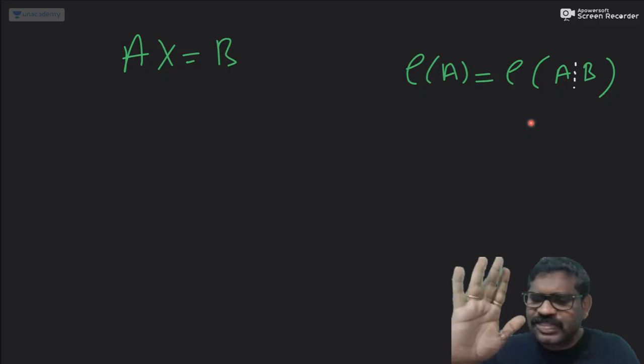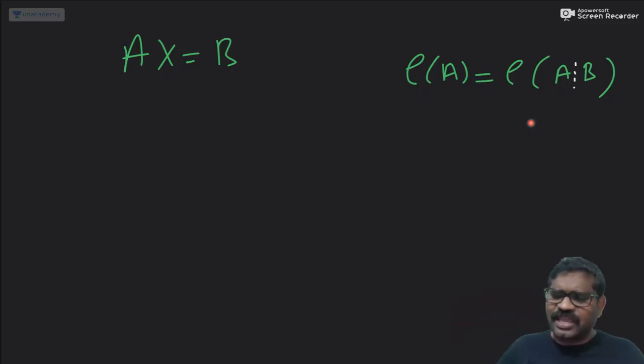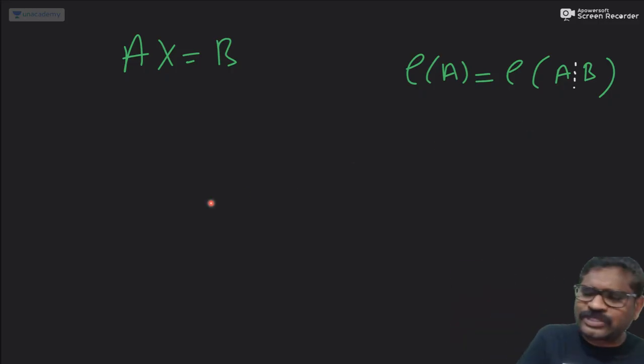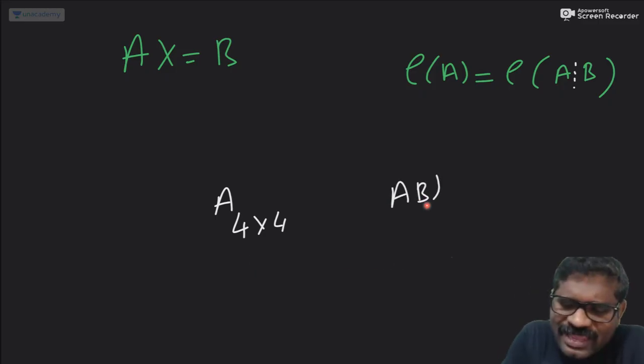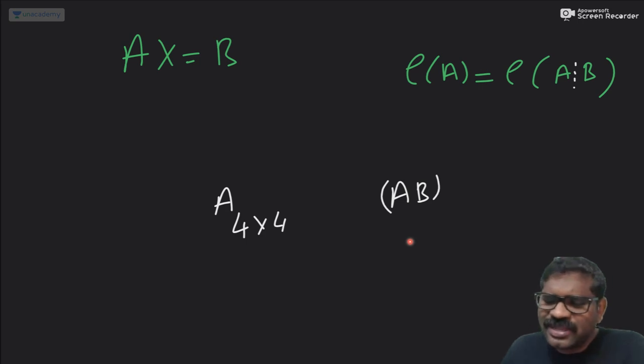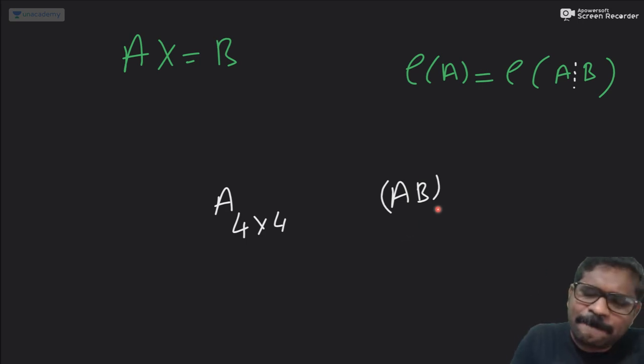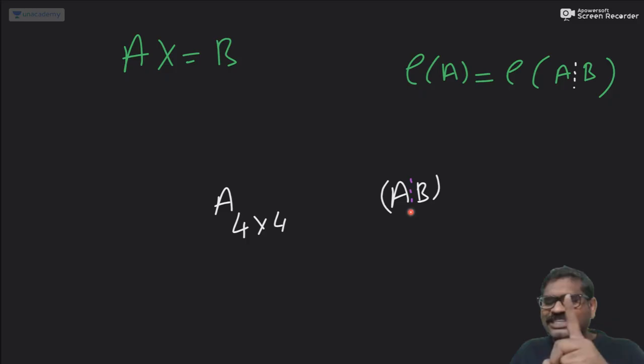Okay. Suppose A is 4 cross 4 matrix. Let me explain. A is 4 cross 4 matrix. Suppose, what about AB? Tell me now. What about AB? 1 column extra.